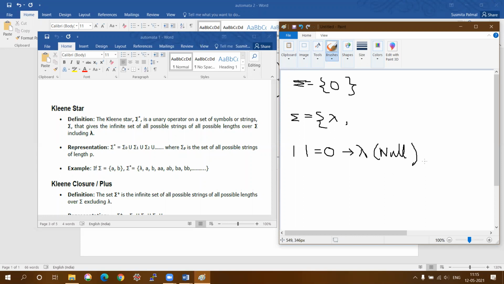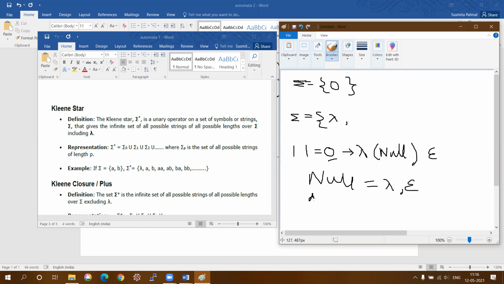Lambda is also called null. It is also called epsilon. So null is lambda, and it is also called epsilon. That means it is not containing anything, and we denote the length of an empty string as 0.